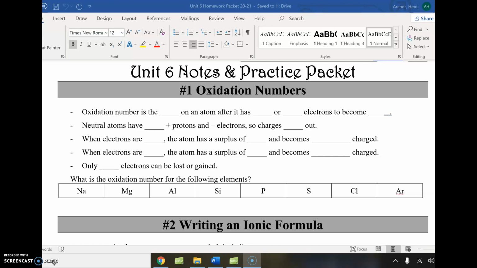And so what we're going to do is start just reviewing how those ions get their charges. And officially, those charges are related to the oxidation number that is created when they gain or lose an electron.